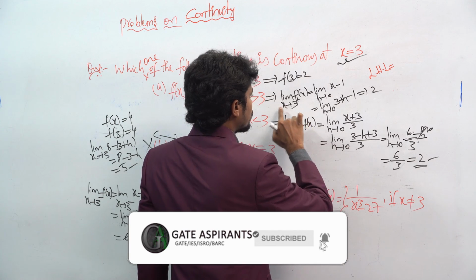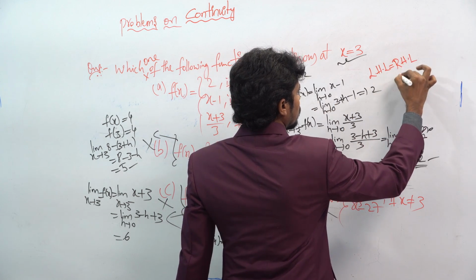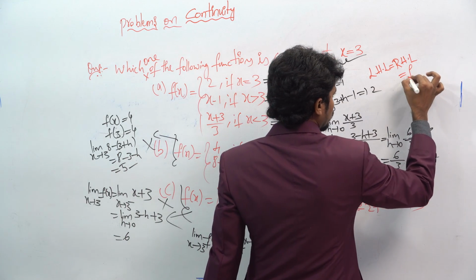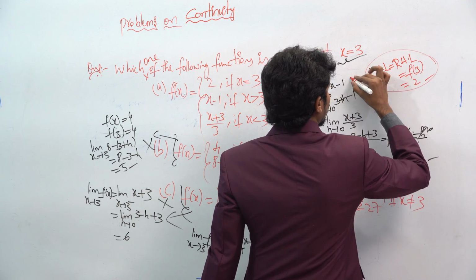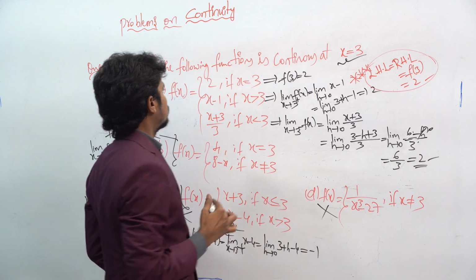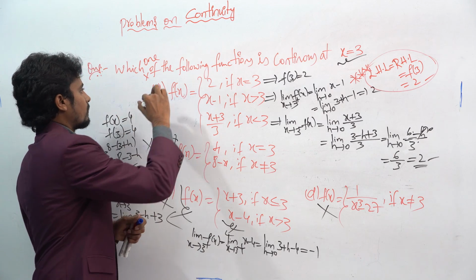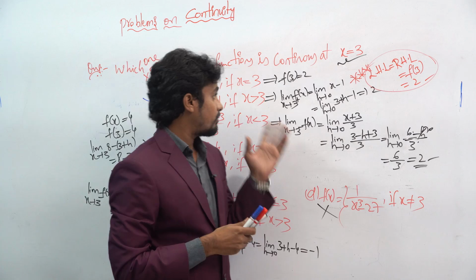Next, right hand limit, how much will you get? The right hand limit will be equal to 2, and f of 3 will be equal to 2. Hence our criteria is satisfied. This A is the answer.